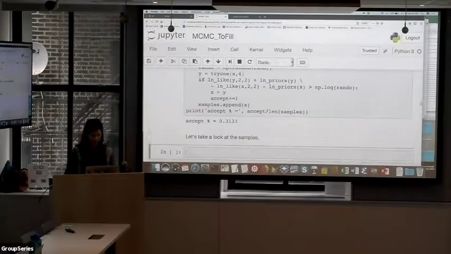And let's take a look at the samples. I'm just going to look at them again. How do we expect that these samples will be distributed? Any idea? Do they look like a Gaussian? Yeah, no, maybe. Don't be shy.